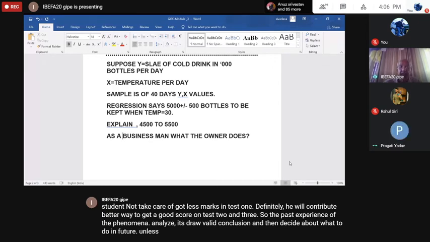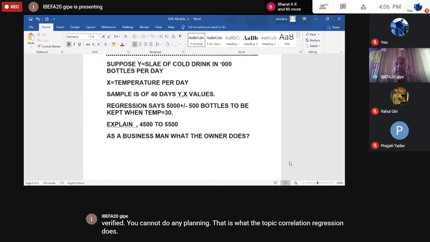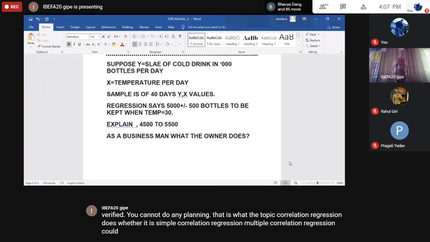Unless you have the analysis result verified, you cannot do any planning. That is what the topic correlation regression does. Whether it is simple correlation regression, multiple correlation regression, kuch bhi ho, every time you are dealing with forecasting: how good is my forecasting?